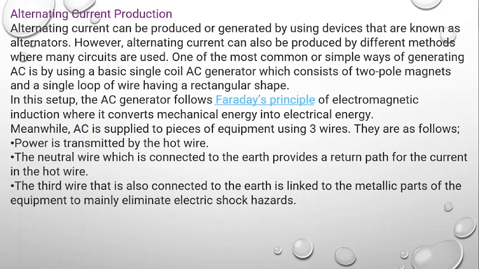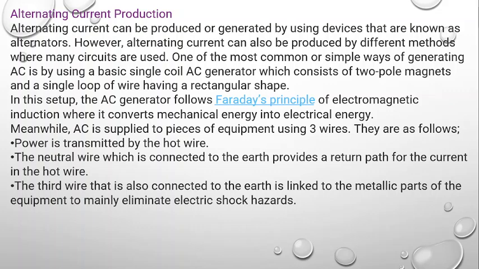Alternating current production. Now let's talk about this. Alternating current can be produced or generated by using devices that are known as alternators. However, alternating current can also be produced by different methods where main circuits are used.